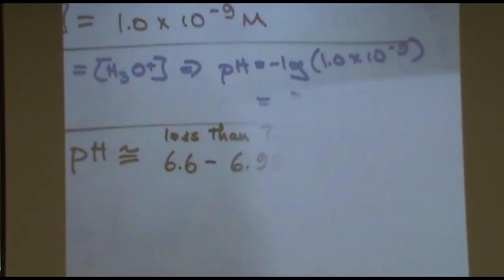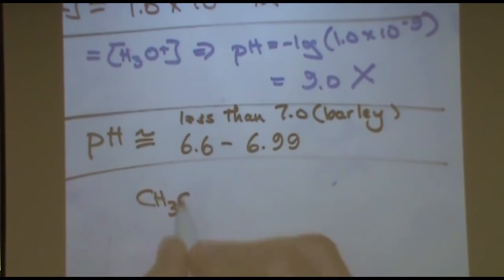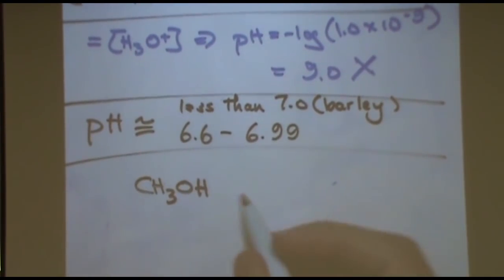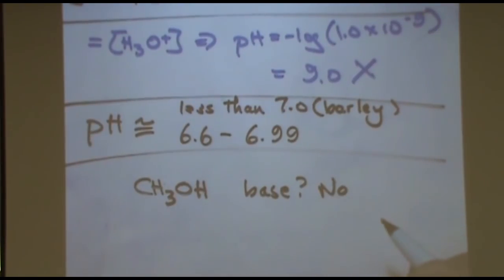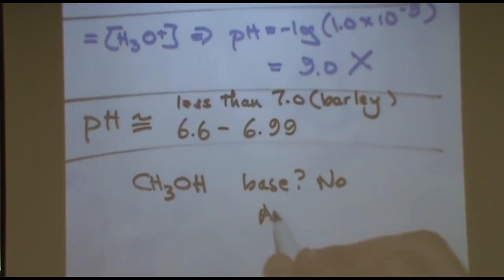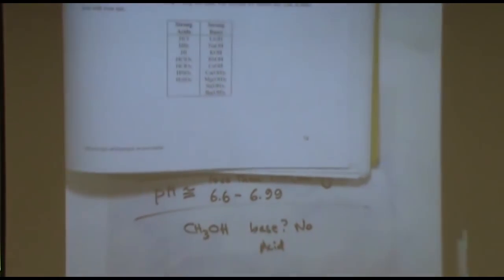Since this is coming up in office hours, let me just add one thing. If you saw CH3OH, is that a base? No, what is it? That's an acid. What's the difference between this and the strong bases that I've listed here?